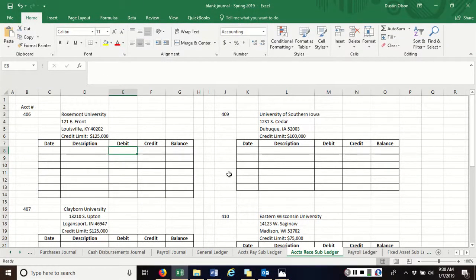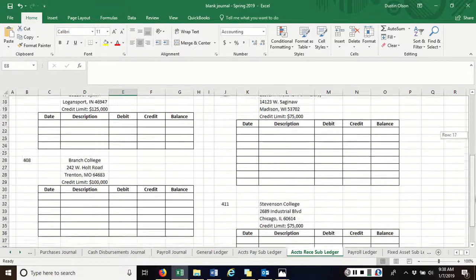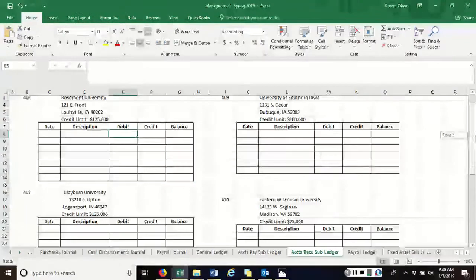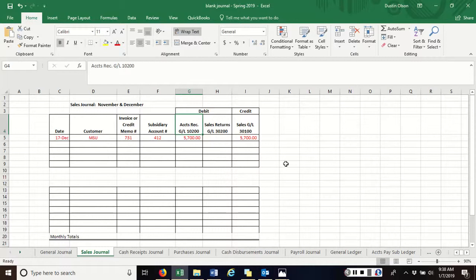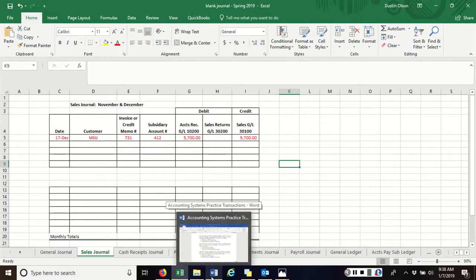This one is set up based on the practice set, in which MSU is not a customer, so I'm just showing you that for illustration purposes. We'll get to doing that when we get into the real transactions. So debit to accounts receivable, credit to sales, we're in balance. Life is good.